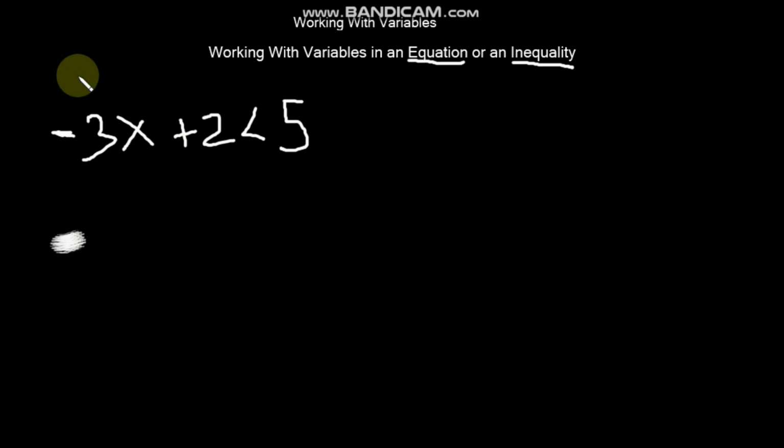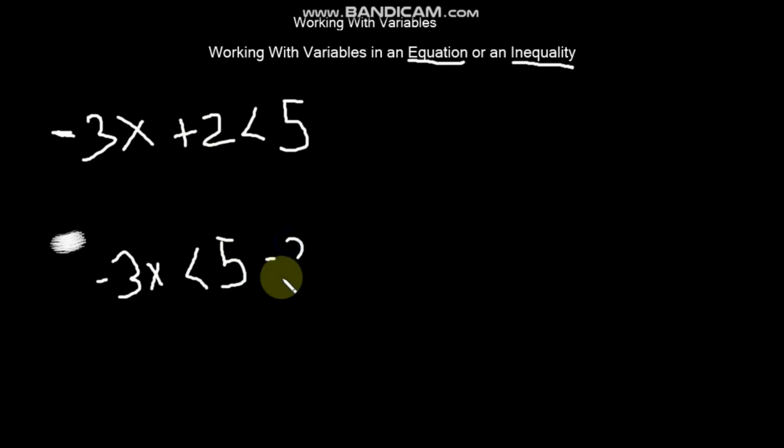Negative 3x plus 2 is less than 5. We must get this to the other side. Negative 3x is less than 5 minus 2. So negative 3x is less than 3. So we must remove the coefficient.